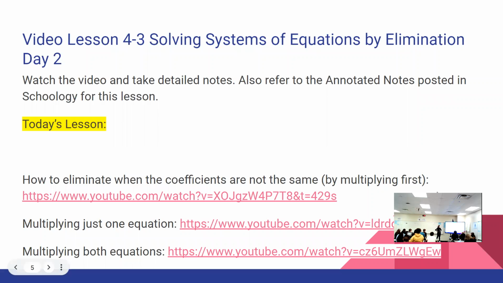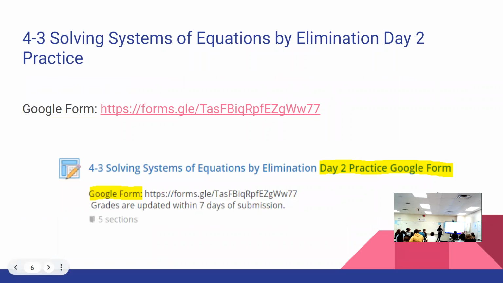I'm recording now and I'll make sure to post it in here, but here's some other helpful videos. So tons of resources out there. The practice is a Google form and it is a different practice from the one on Friday. One of them says day 1, the other one says day 2. So just find the link, it's in the slides, also in this assignment link that says day 2.